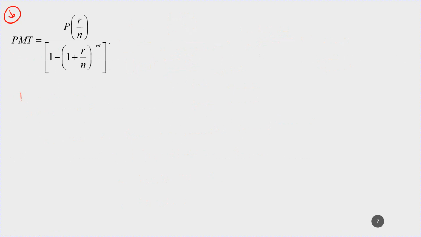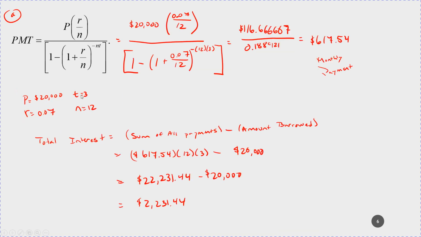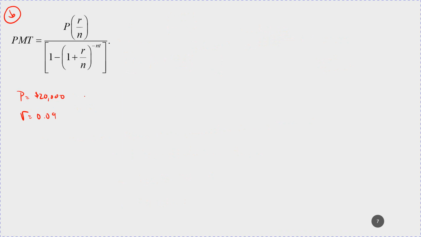Again, your P, you're borrowing $20,000. Here, your rate though is 9%. And instead of 3 years, you're doing it over 5 years. And still you're doing monthly payments, so N is still 12. So things are going to change slightly.